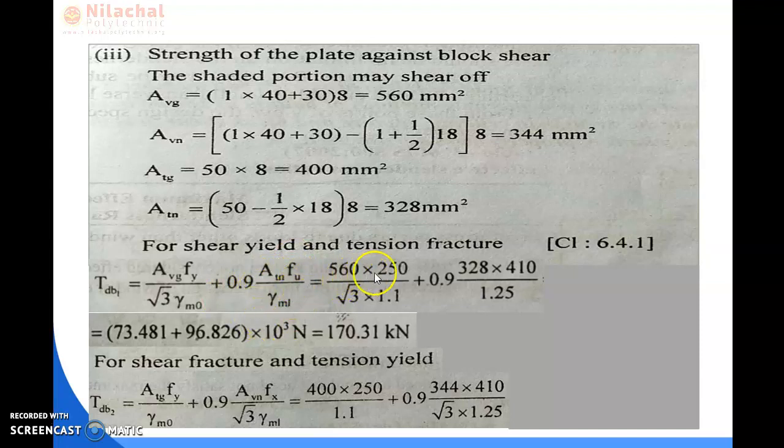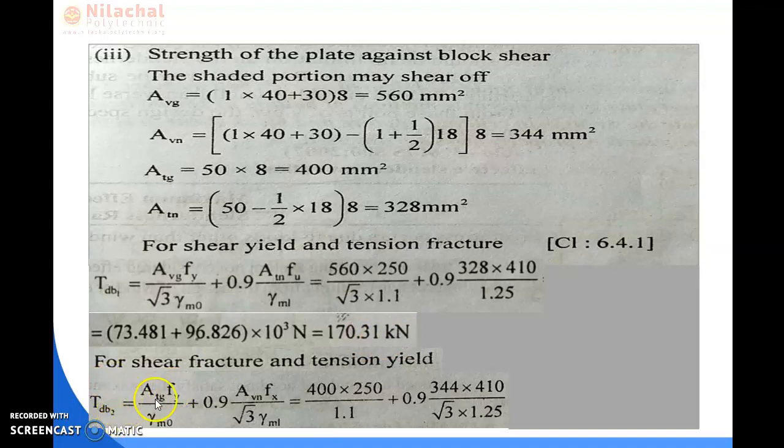So 560 into 250 divided by √3 into 1.1 plus 0.9 into 328 into 410 divided by 1.25. The value will be 170.31 kilonewton.